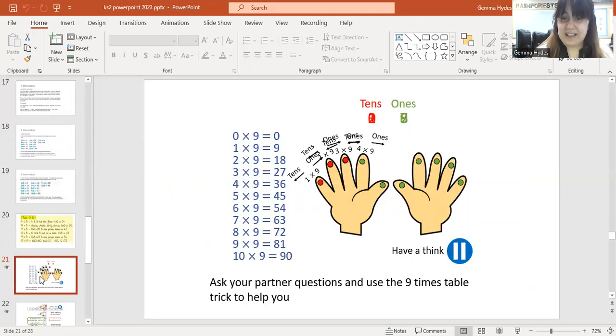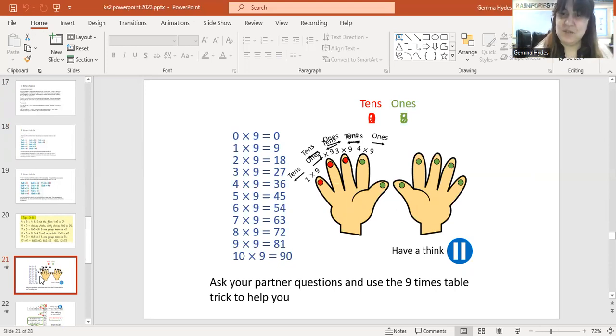With the 9s, we actually use our hands. So as you can see on the diagram, you number your fingers 1 to 10. So 1, 2, 3, 4, 5, 6, 7, 8, 9, 10.